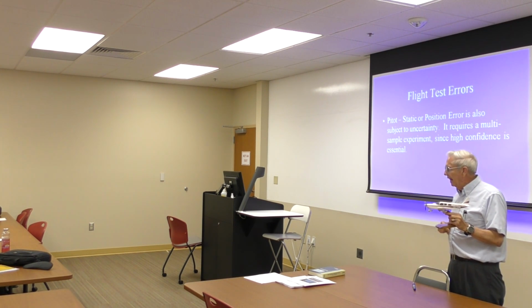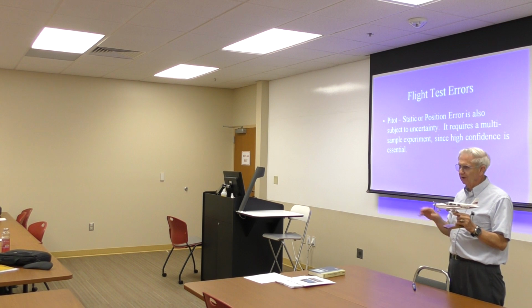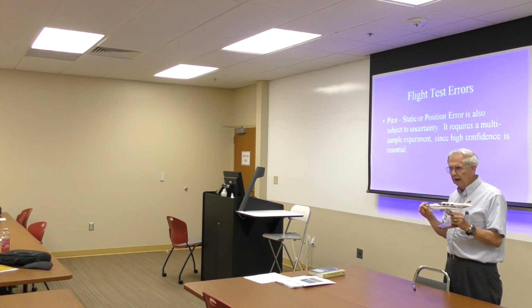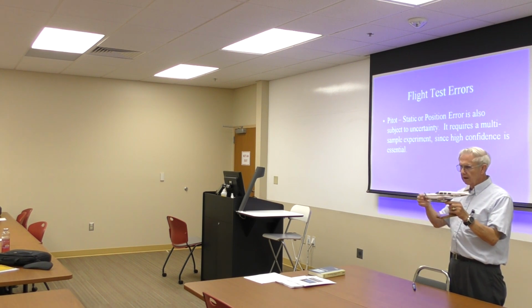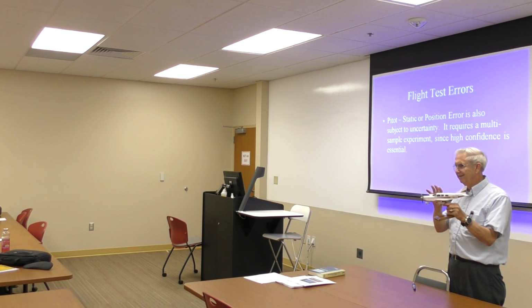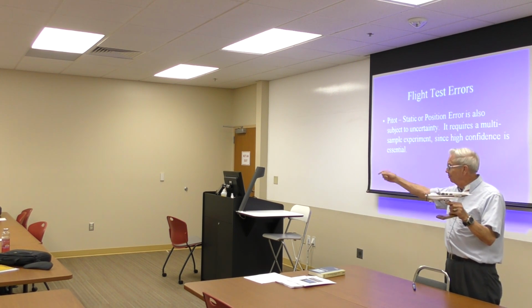But we can't do that in most cases. We'll talk about some ways that we try in another class. But when we're flying through the air, this pressure field gives us an error between what we read on the airplane and what we read out here that's the true value for pressure.